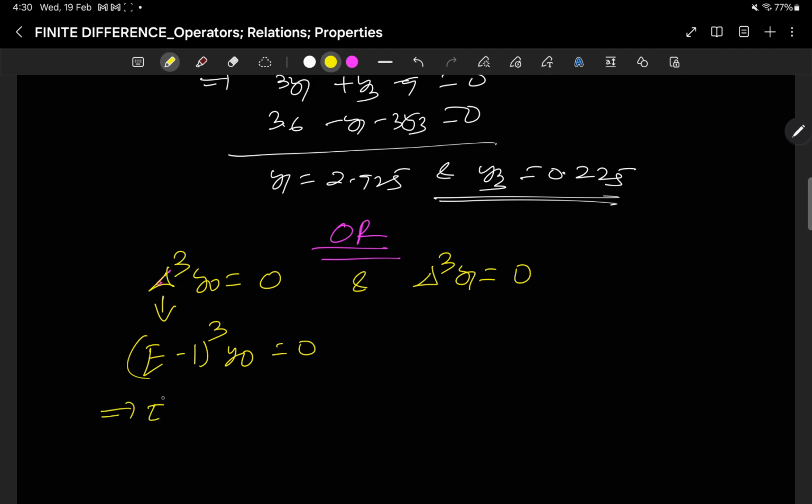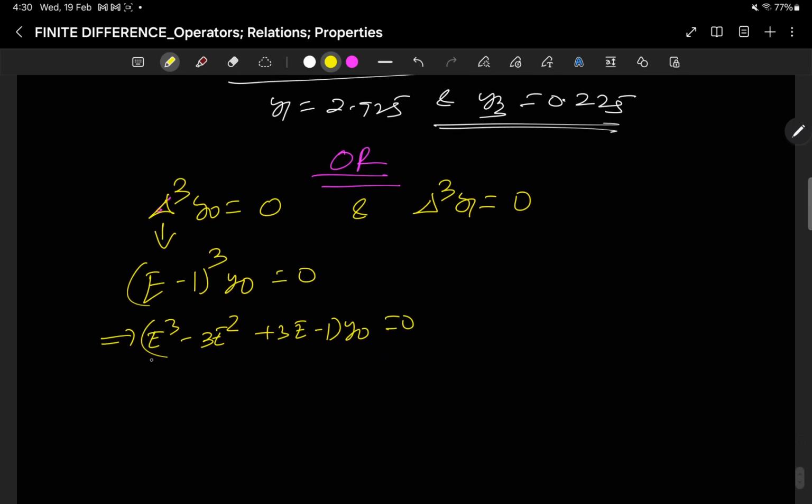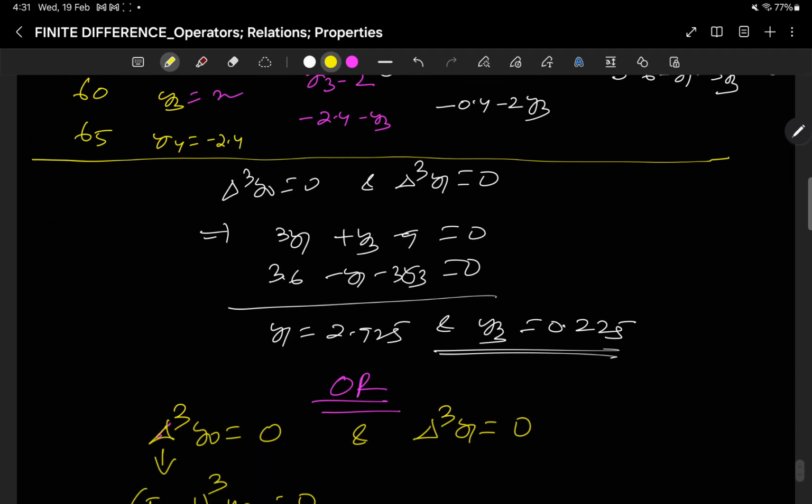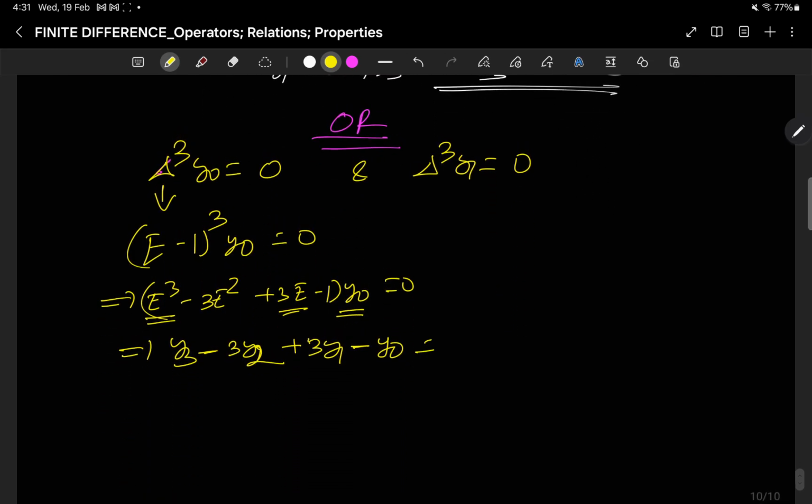So that means E cube minus 3E square plus 3E minus 1 into y0 is equal to 0. And here E cube y0 is nothing but y3, right? Similarly, it is 3y2, 3y1, and y0. Now substitute the values of y0, y1, y2, y3, and this is equal to 0.